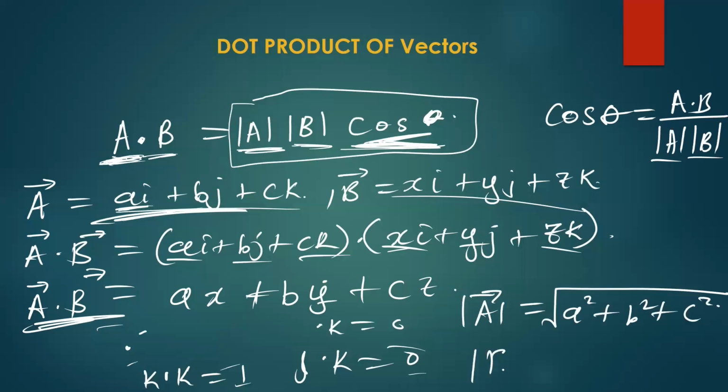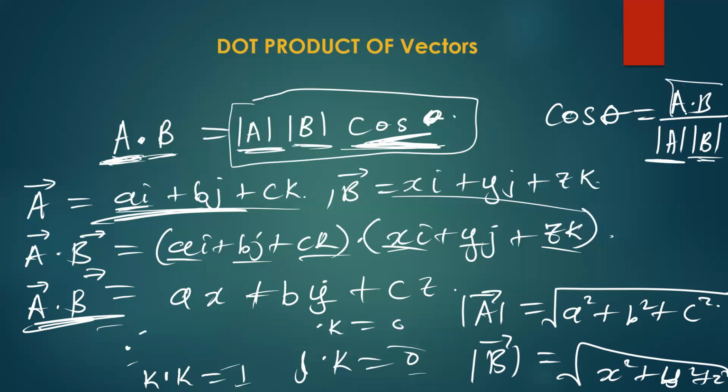Then the magnitude of B is found by saying X squared plus Y squared plus Z squared, under the square root. So this is how you find their magnitudes, and then you divide the dot product which you have found by them. And then to find the angle, you simply take the cos inverse of what you are going to have.